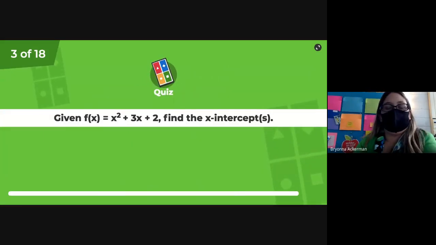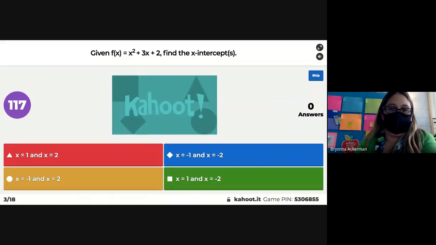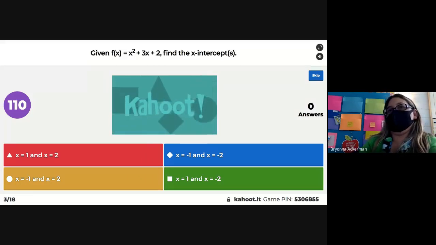All right, the easiest way to do this is graph it. Find the x-intercepts. There are other ways. I'm just telling you the easier way. Graph it and see where the x-intercepts are.